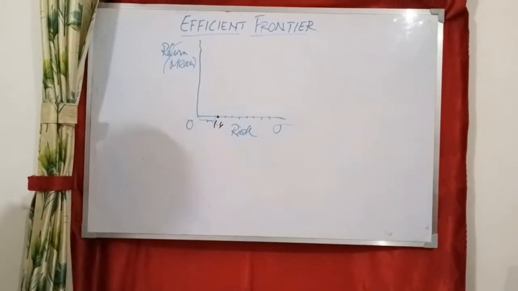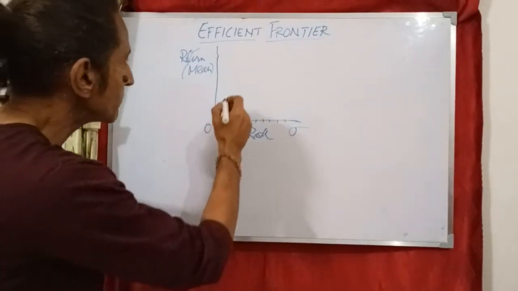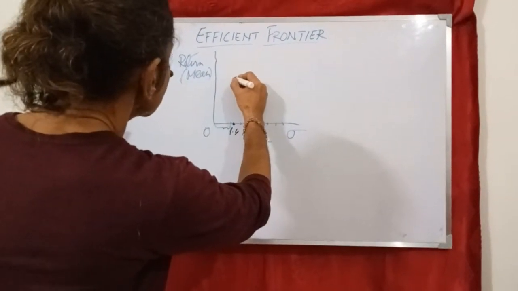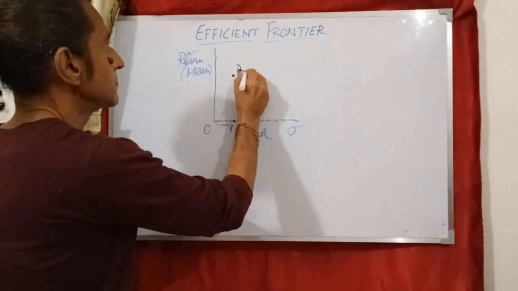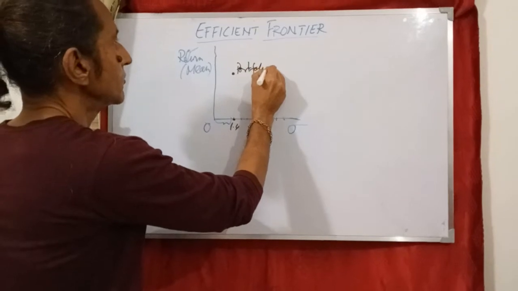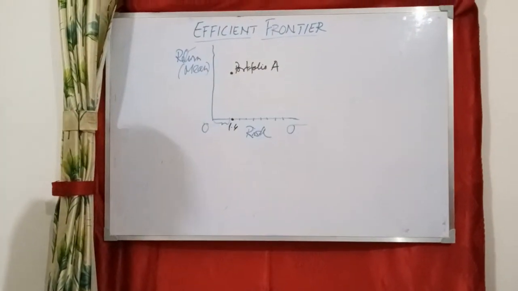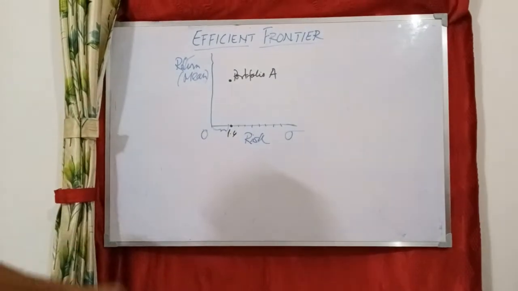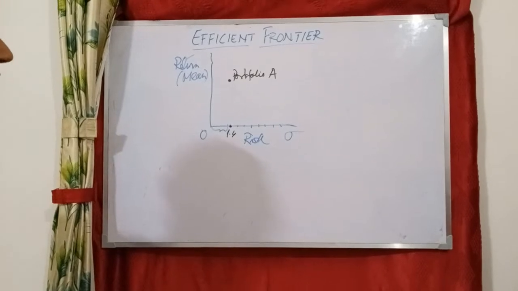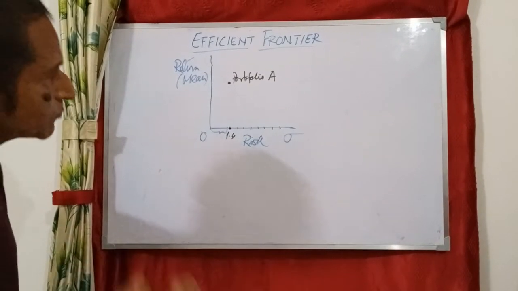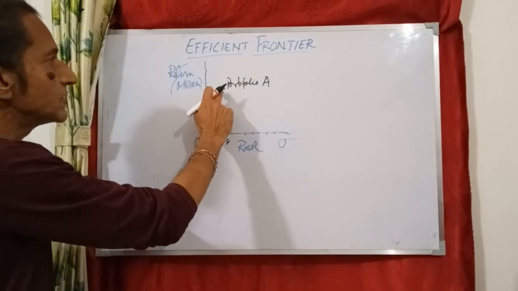SD is 1.4. Now we can think of a portfolio right here. This is a portfolio, say portfolio A. Now this portfolio is efficient if no other portfolio can give this much return with lower risk.